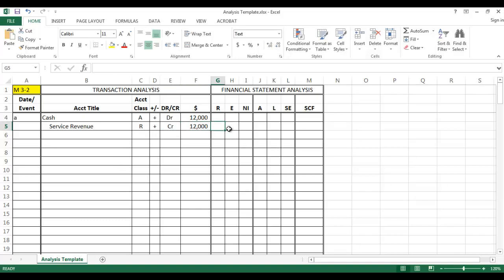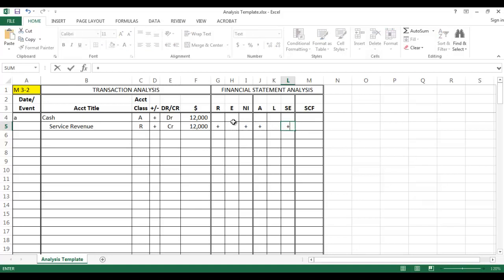So let's talk about our financial statement effects. Revenues have increased. As a result, net income on the bottom line will in effect increase. When we look at our balance sheet at the end of the period, assets will have increased from our increase in cash. And on the right-hand side of our balance sheet equation, stockholders' equity will also increase. Remember, these two items go together.